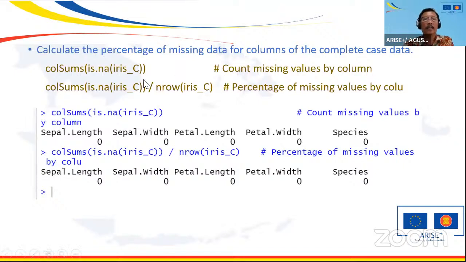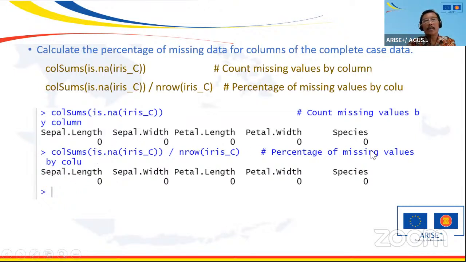So ask R whether it is NA. If NA, then compute the column sum, and this is the percentage. So this one divided by the number of rows. So we can have this.